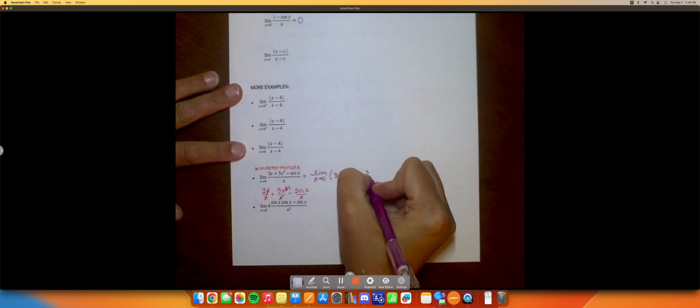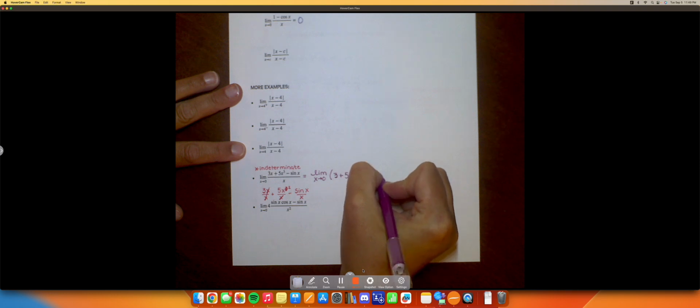Minus sine x over x. Okay. Remember that from properties of limits, when I'm taking the limits of a bunch of things added together or subtracted, I can just take the limit of each piece individually and then add or subtract the limits.